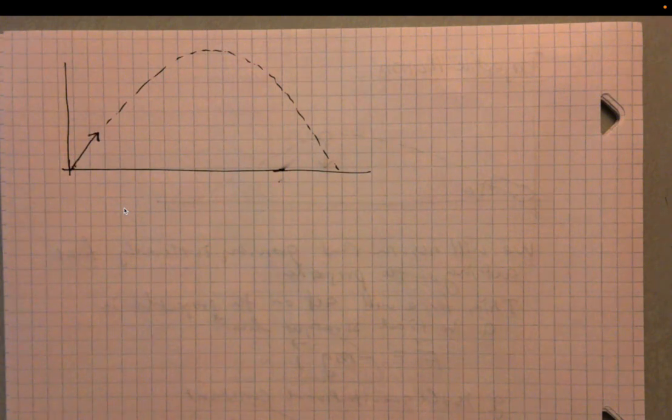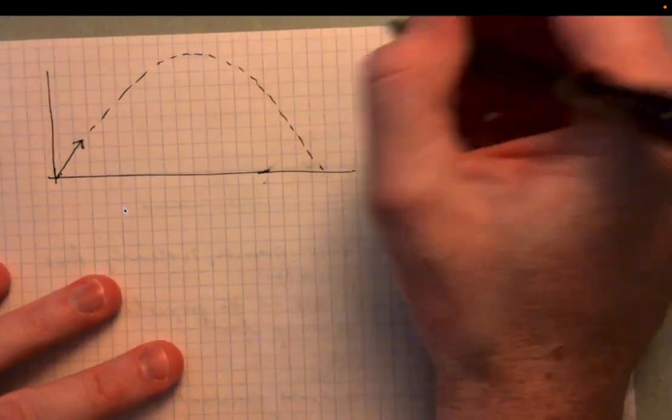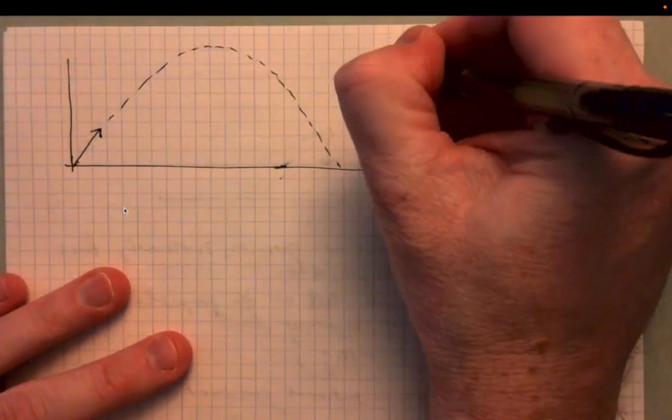So a projectile of mass m is launched from an initial position r0 with an initial velocity. Okay, so let's get some of this notation down.